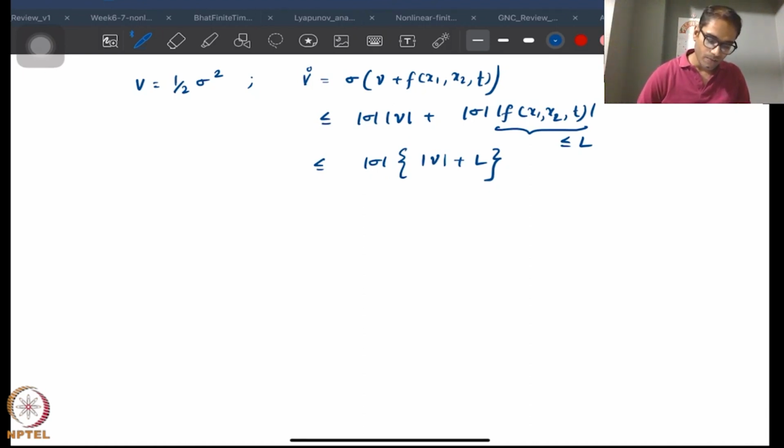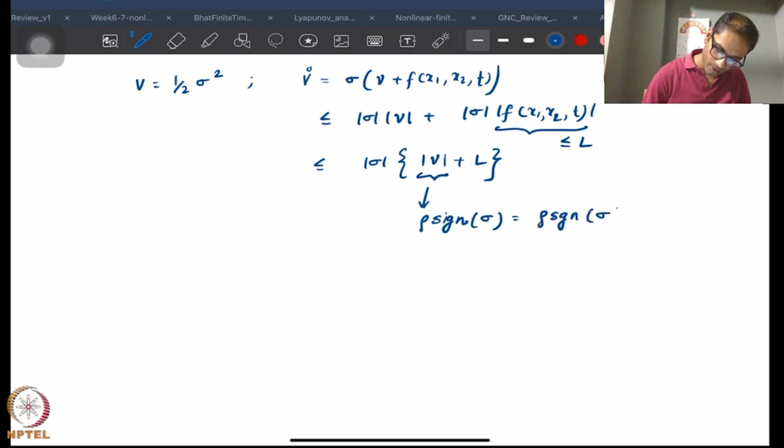Now, how do I work this out? I take my small v as some rho times the sign function of sigma, also written as rho signum of sigma.